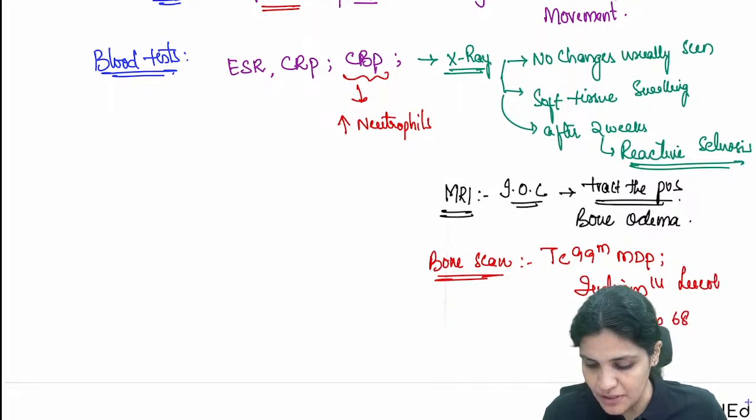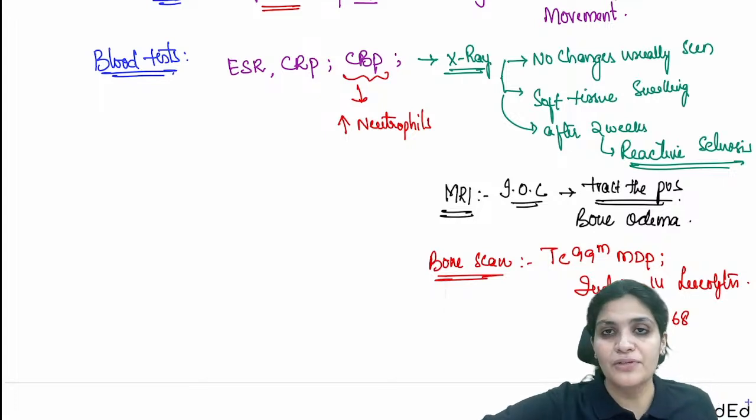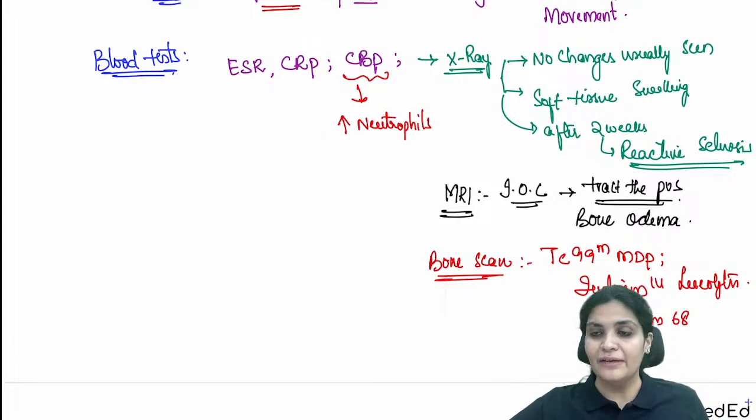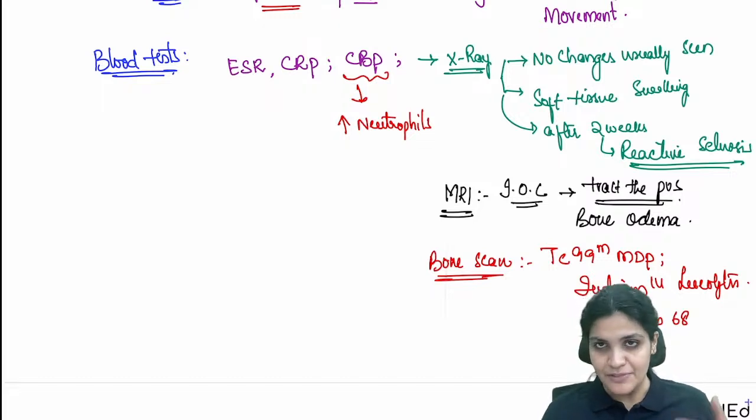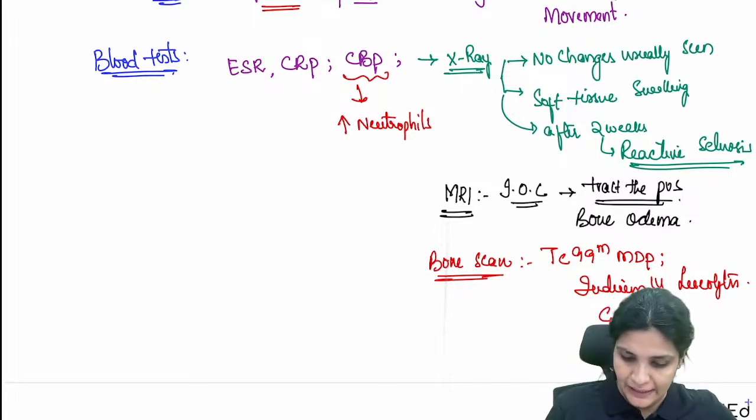These are for leukocyte identification. These are the bone scans. So what is a bone scan? We inject a certain element, like gallium-67, or indium-111 labeled leukocytes, or technetium-99.